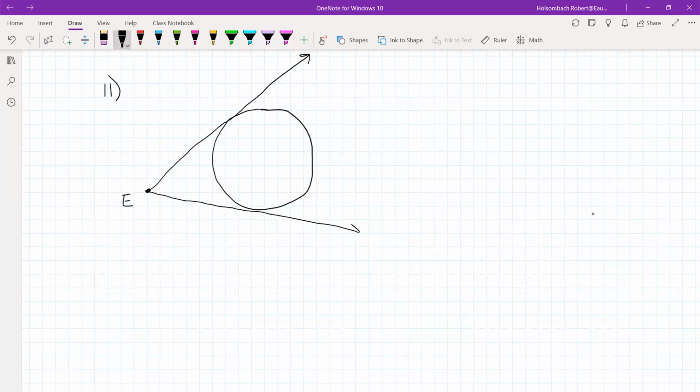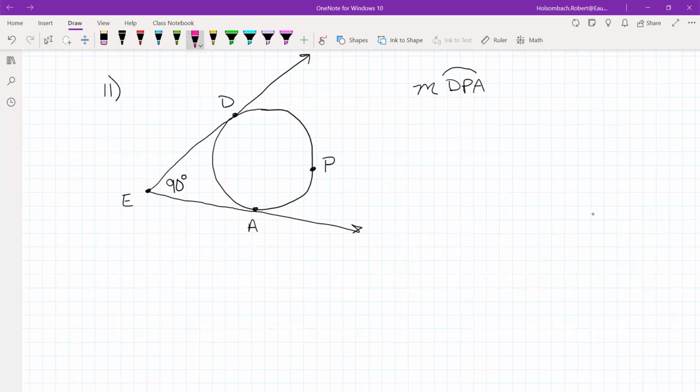Our tangents are at D and A. We are given a 90-degree angle right here. We've got a point on the circle at P, and we need the measure of arc DPA.